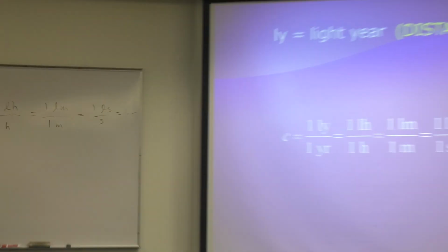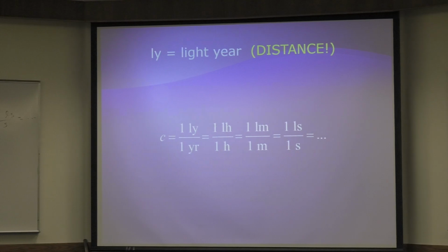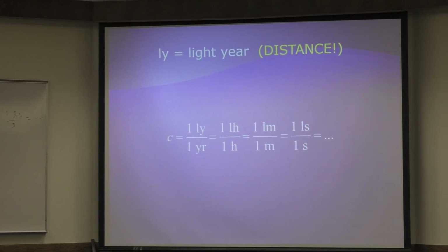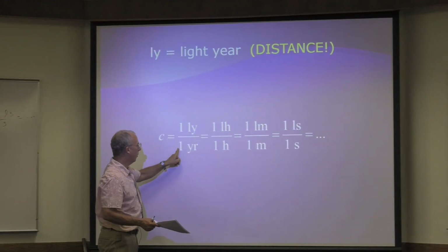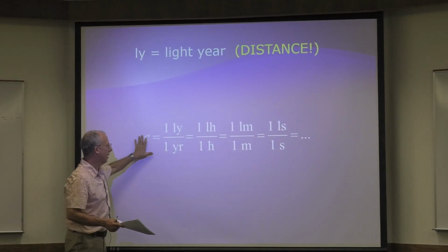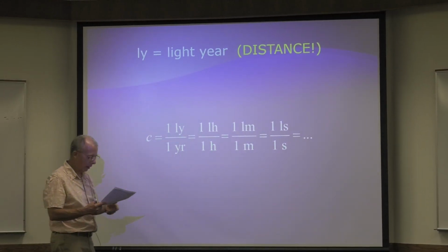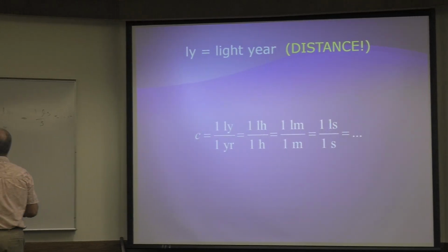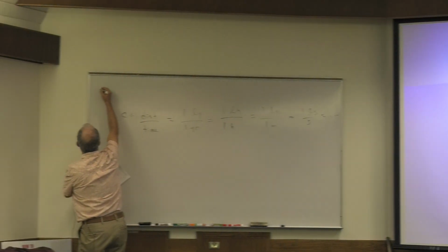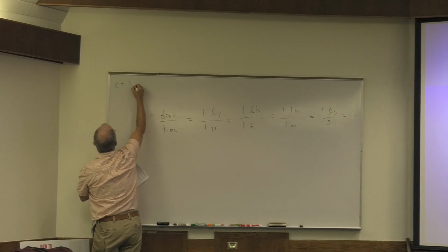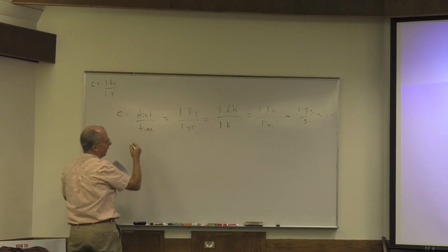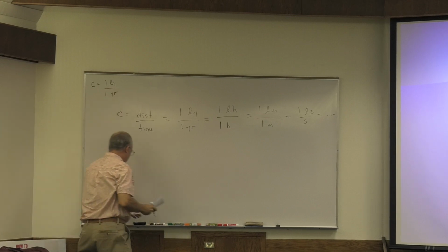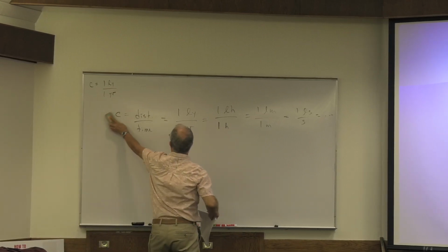This is a nice way to write the speed of light: 1 light year over 1 year, and so forth. This is going to help us once in a while on certain problems, so we want to remember that. The speed of light is distance over time. All right, let's do an example now.